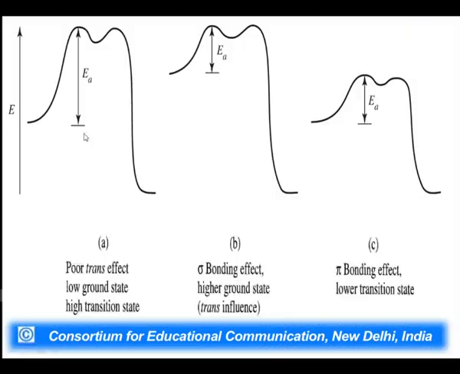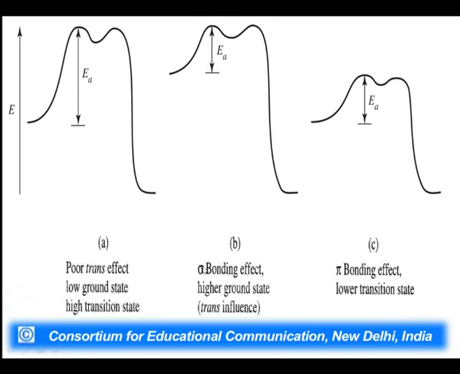From this we can say that the rate of reaction depends upon the energy of activation. So, where there is poor trans effect, there is a low ground state and a high transition state. So, this is more activation energy. When there is a sigma bonding effect, more trans effect is there because of sigma bonding electrons.